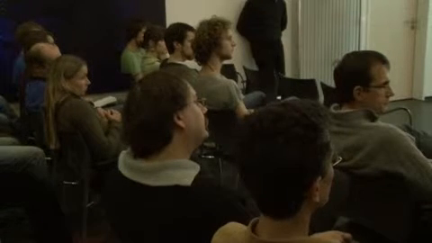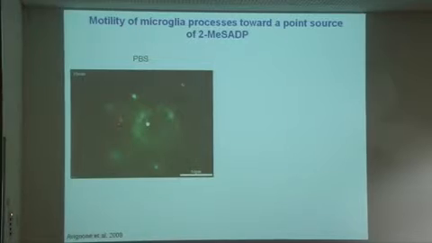So because this receptor is supposed to be important for the motility of the processes of microglial cells, we in fact studied the progression of these processes towards a source of ATP or an analog of P2Y12 receptors.